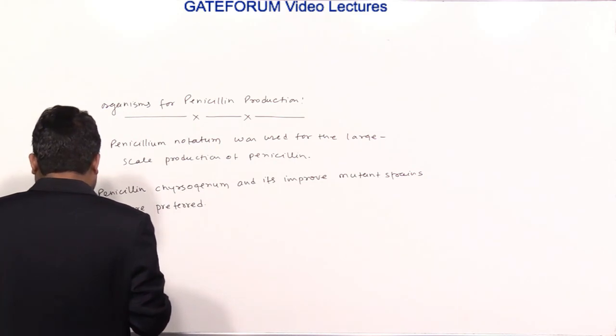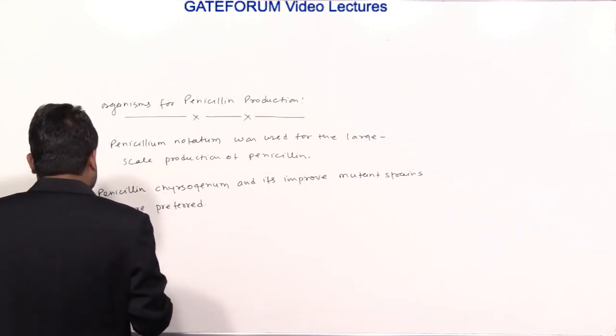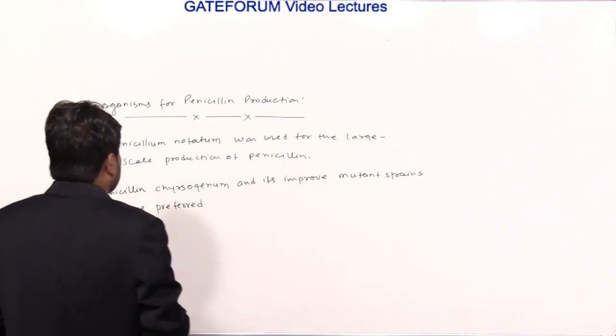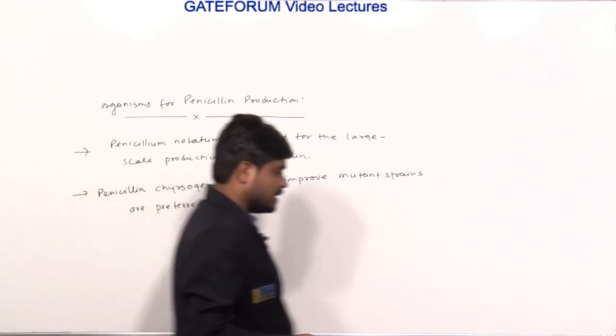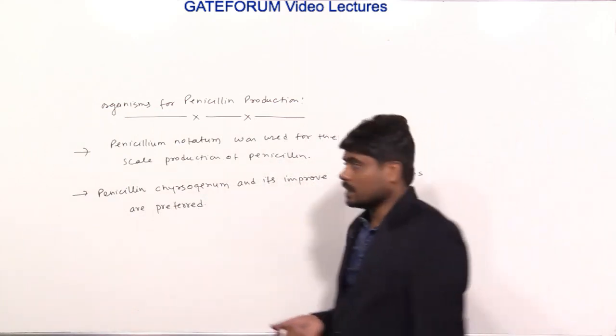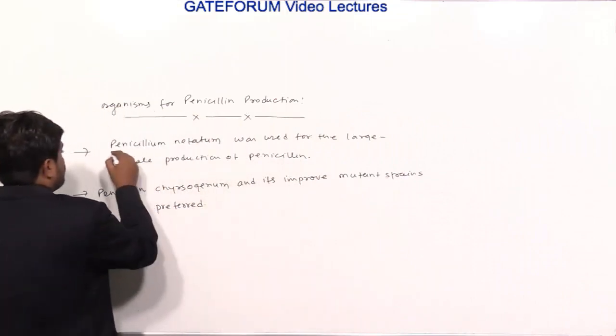So these are the two main important topics, the microorganisms used for the production of penicillin. So the first point is Penicillium notatum.